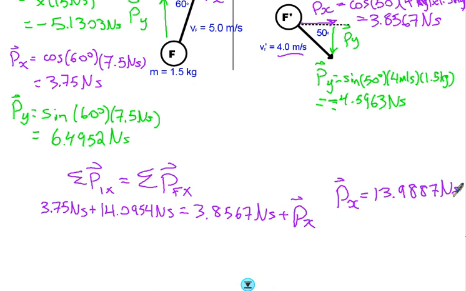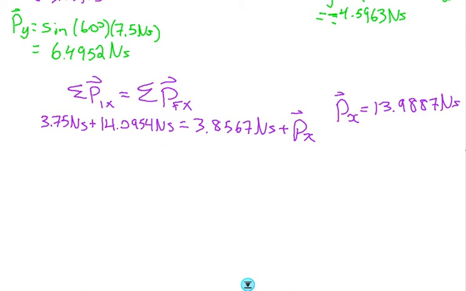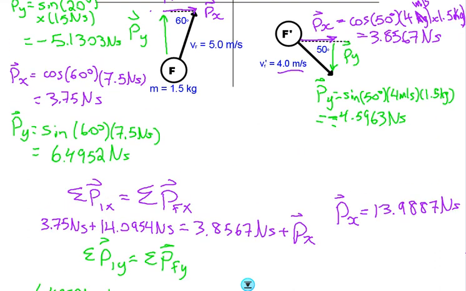We're going to do the same thing now in the y direction. The initial momentum in the y has to equal the sum of the final momentum in the y. So initially we had 6.4952, and we had a negative momentum from the first one here, I think.